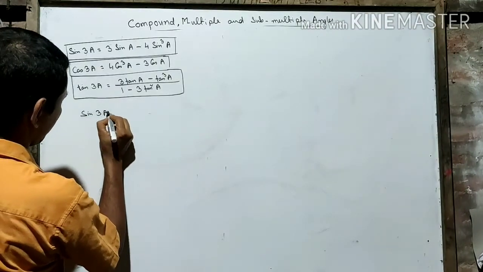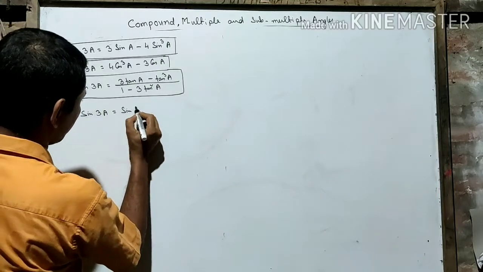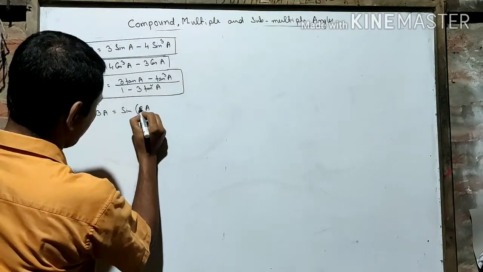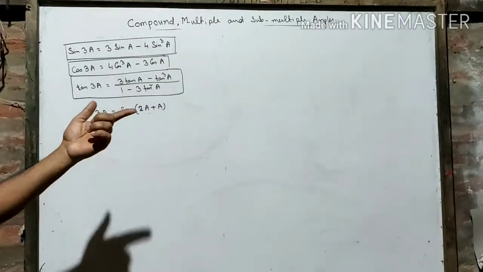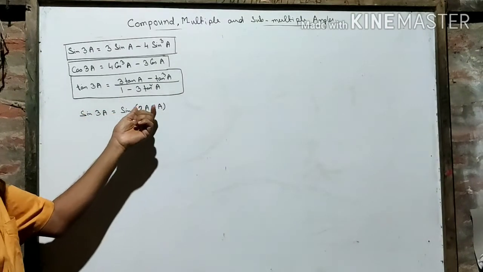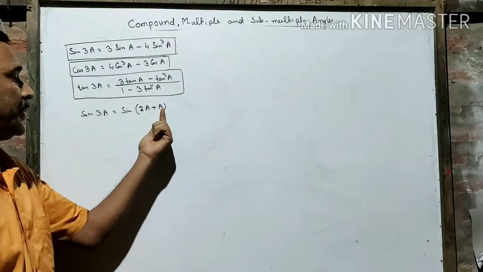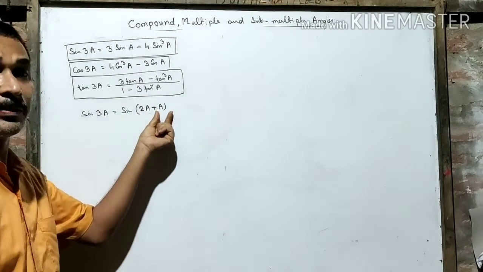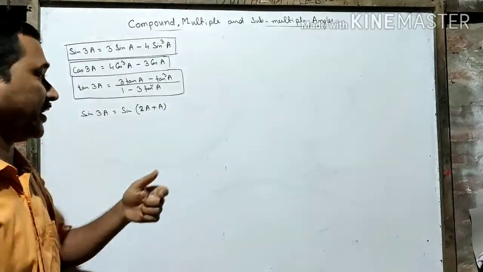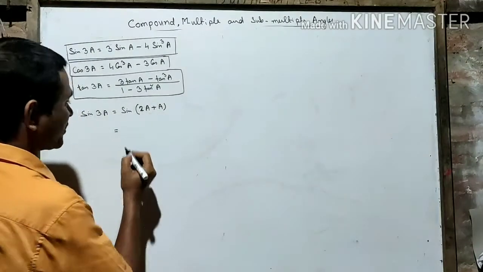Sin thrice A can be written as sine of twice A plus A. No harm in writing thrice A as twice A plus A. Now what is this structure? This is of the structure A plus B, compound form. Twice A is A and A is B. So what is the formula for sin A plus B?